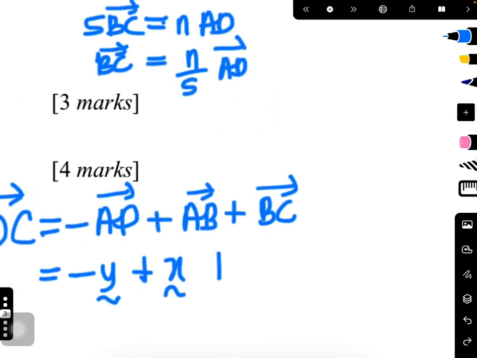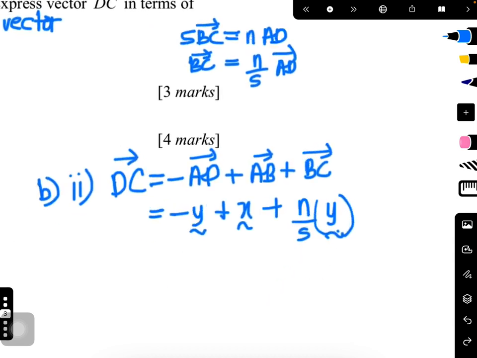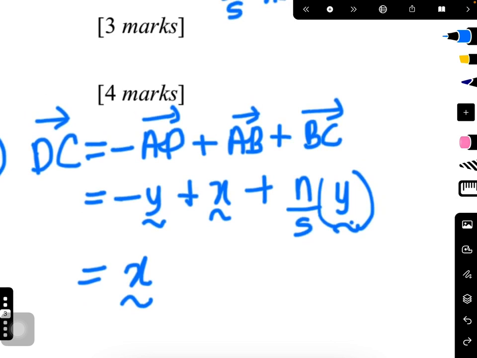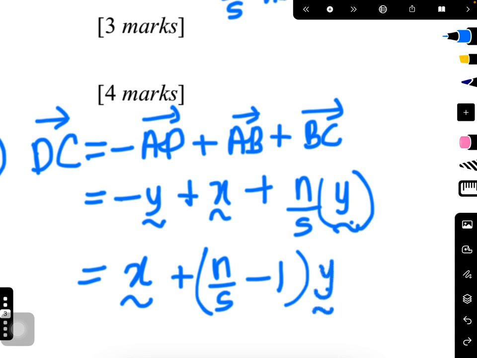We got the value of AD, so we just need to substitute n over 5 y. So we will get the final answer. I will arrange it to make x the first term and the second is y. Okay, we need to factorize because there is the same factor given, that is y. n over 5 minus 1, y. Okay.